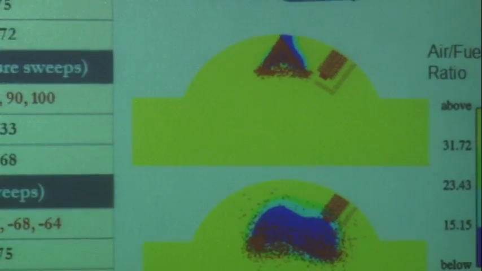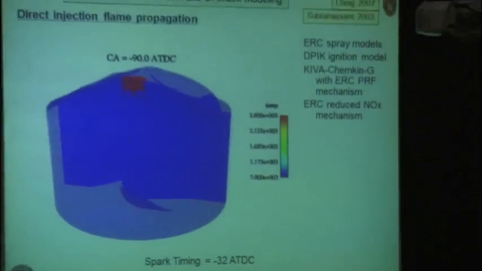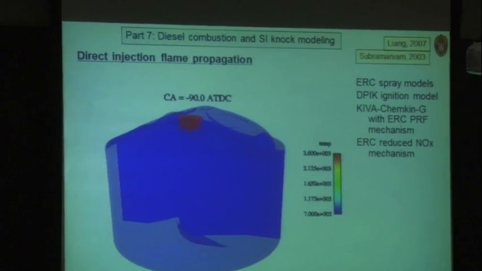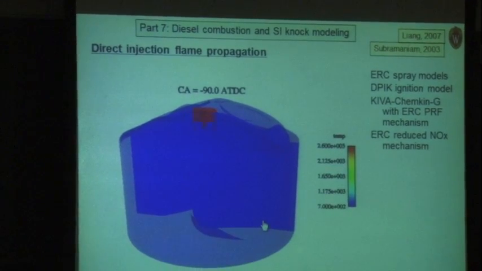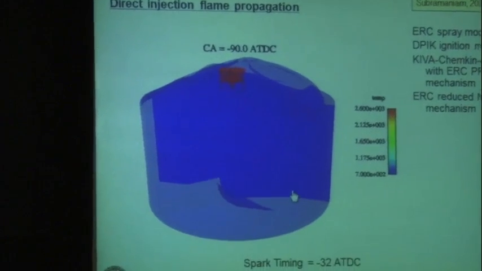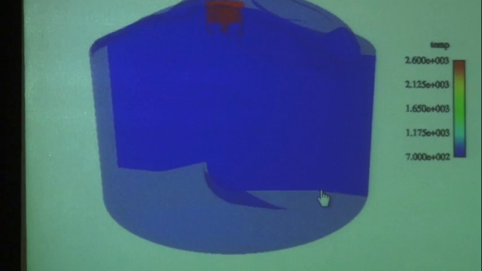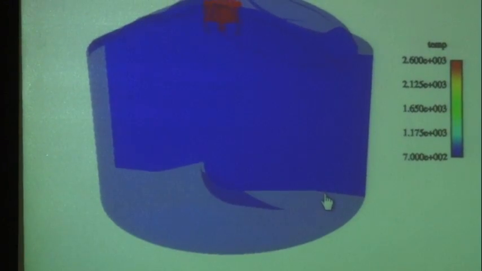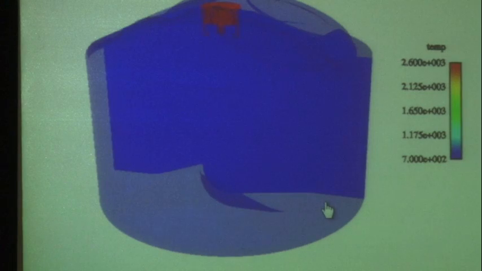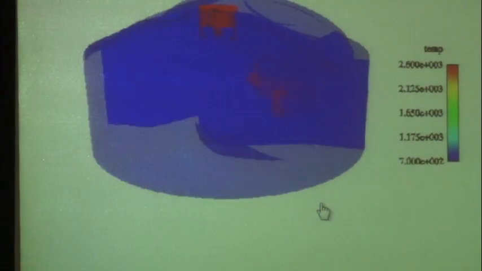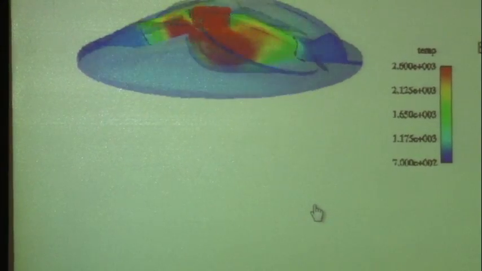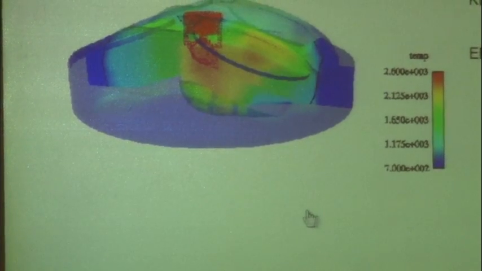This just shows a movie with our spray models, the particle ignition kernel model, the ChemKen-G spray flame propagation model, PRF chemistry, and the NOx mechanism. So here's your injected spray, there's your ignition, and combustion.